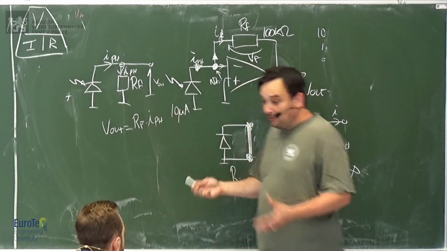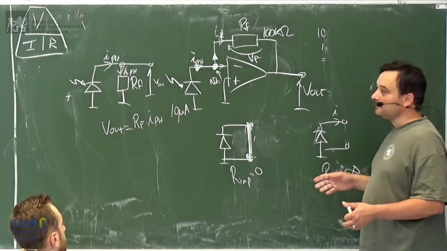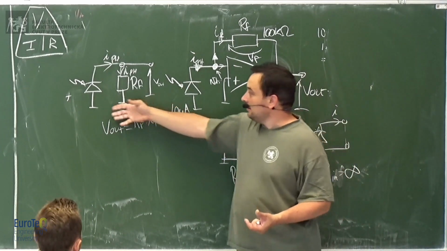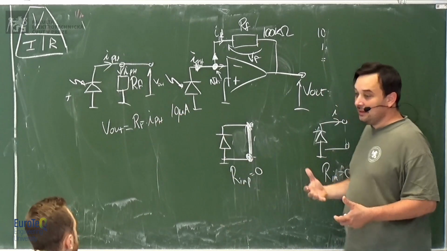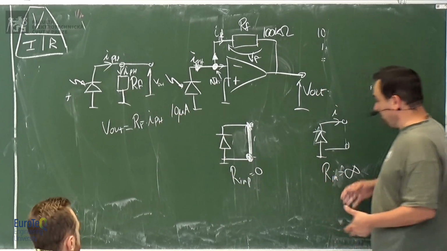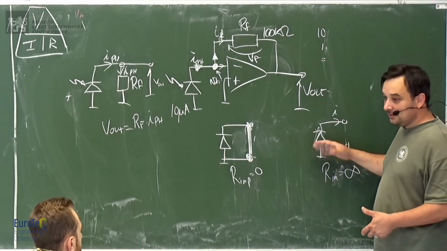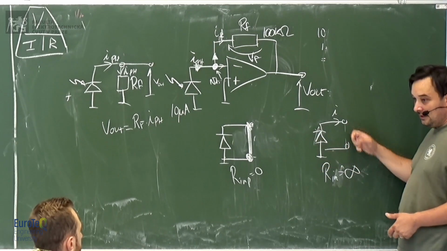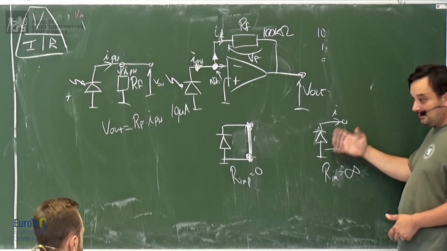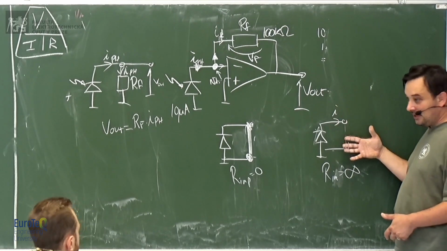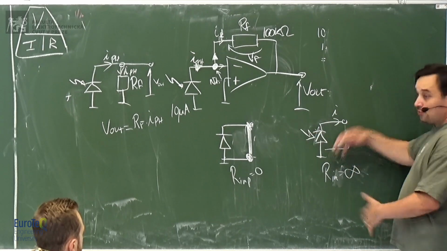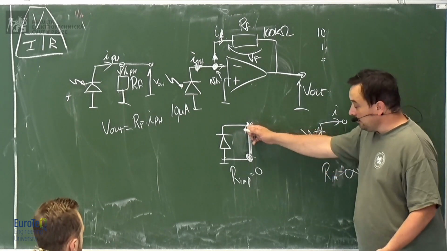It's loading it, or rather, it's affecting it, in that you cannot have the same current because you are in a situation in the middle between these 2 extremes. Here you have infinite input resistance seen by the photodiode, so you get 0 current because it's open. Here you have a short.